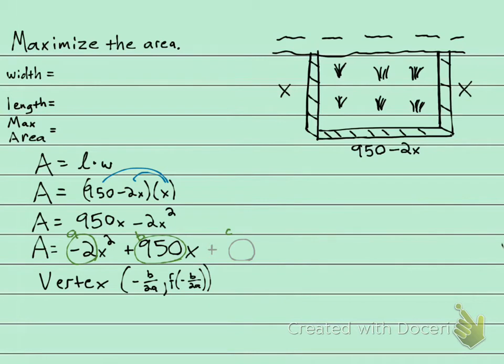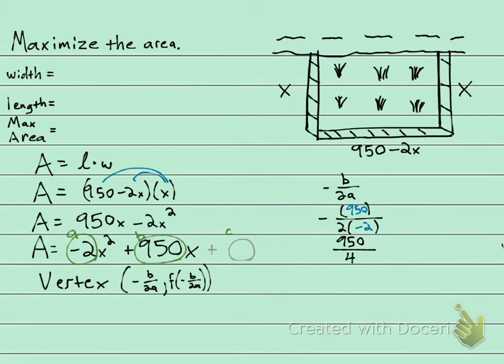So I'll do it over here, negative b over 2a, which is going to be negative, the b is 950, and the a is -2. Okay, you get your calculator ready. You know that it's going to be 950 over 2 times 2 is 4. A negative and a negative gives you a positive.